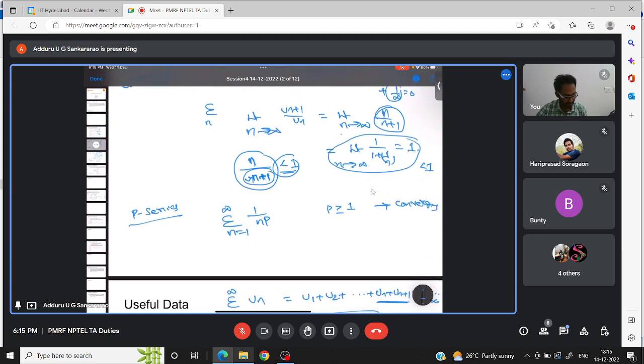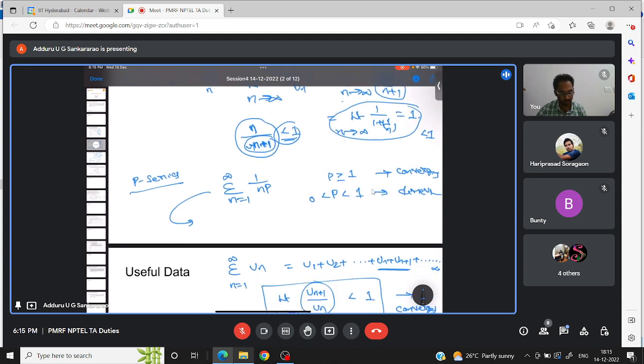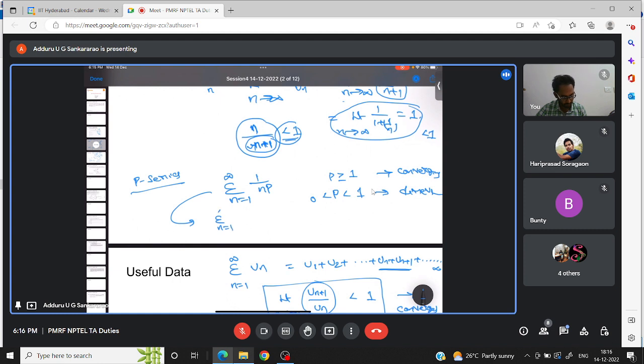And if p is between 0 and 1, it is diverging. See, for the first case p greater than 1, let us say p equal to 2. Sigma n equal to 1 to infinity of 1 by n square, then it is 1 by 1 square plus 1 by 2 square, 4, 1 by 3 square, 9, and so on. It converges.